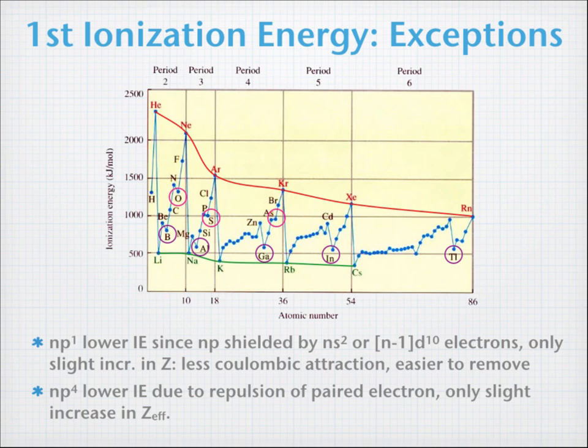With just a slight increase in the effective nuclear charge, the paired repulsion acts as a decrease in the amount of Coulombic attraction to the nucleus, and so the electron in these atoms is also easier to remove.